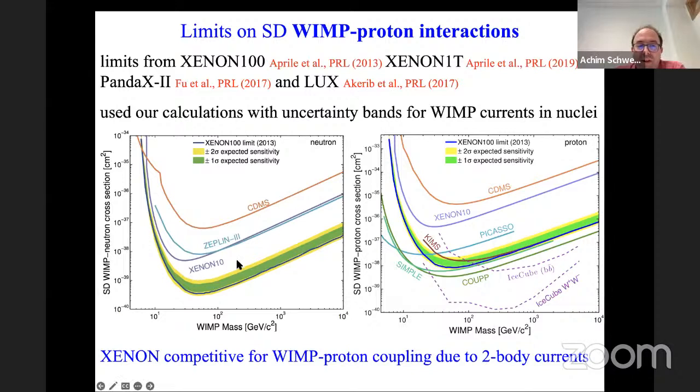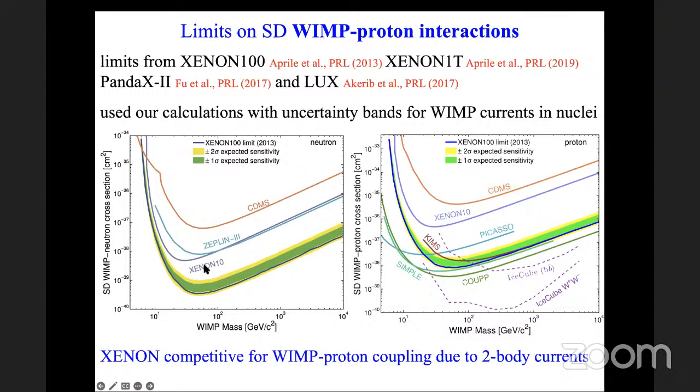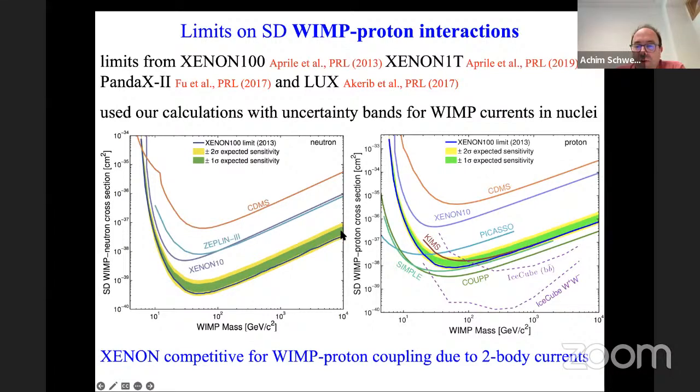No, I just wanted to use this, which is already the better limit at the time, xenon 100, to show you that this chiral physics, and in particular these 2-body currents, have an important role and improve the sensitivity for xenon detectors to the spin-dependent WIMP-proton couplings. Since then, xenon 100, xenon 1T, Panda X, and Lux all use the same response functions with the 2-body currents included.